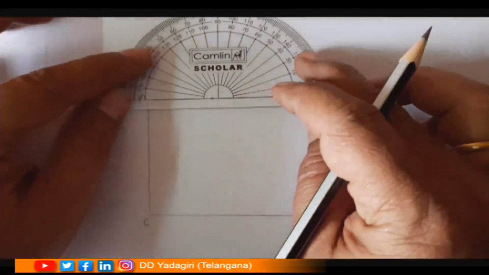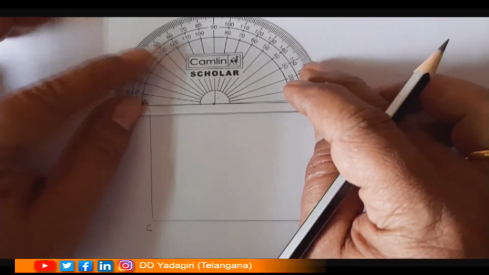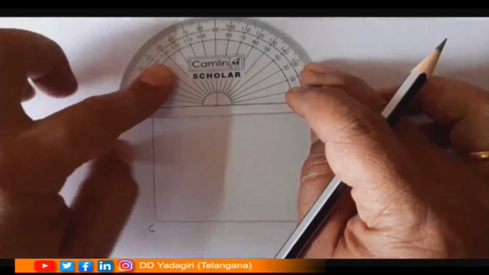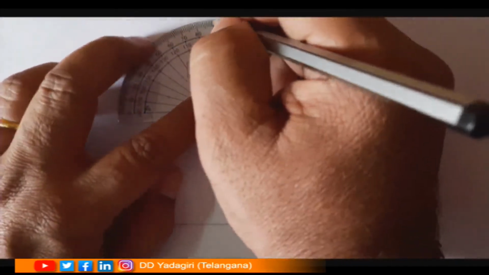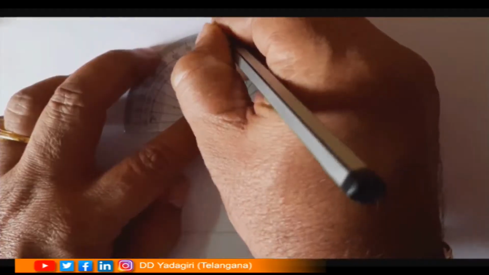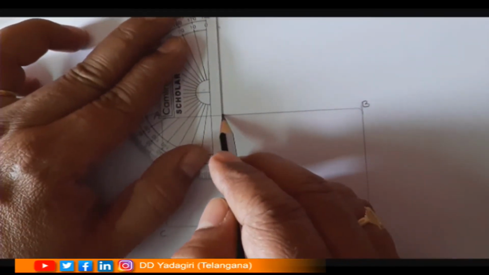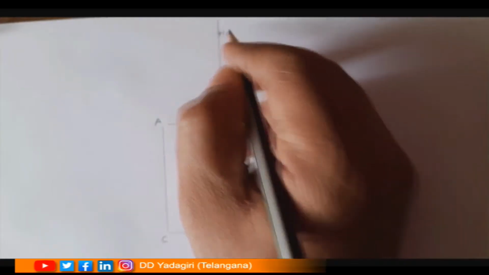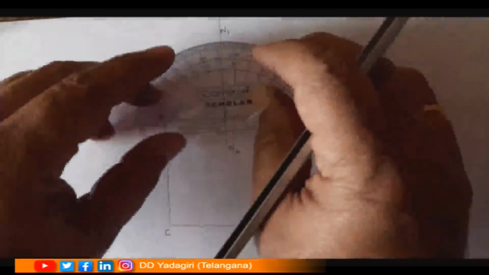Using a protractor, draw a perpendicular line at that particular point. Now, join these 2 points. It becomes the normal for the surface AB. We are naming the normal as N1, N2.